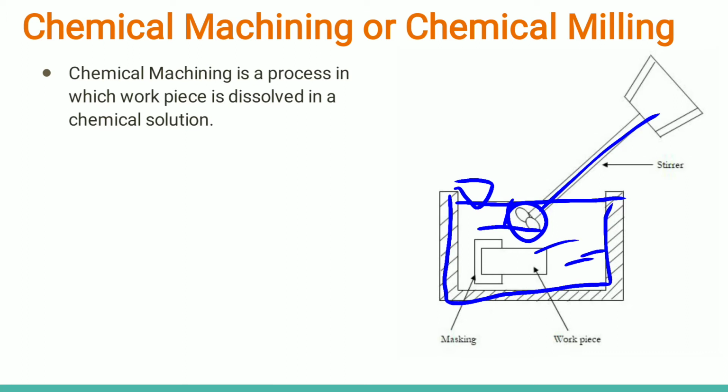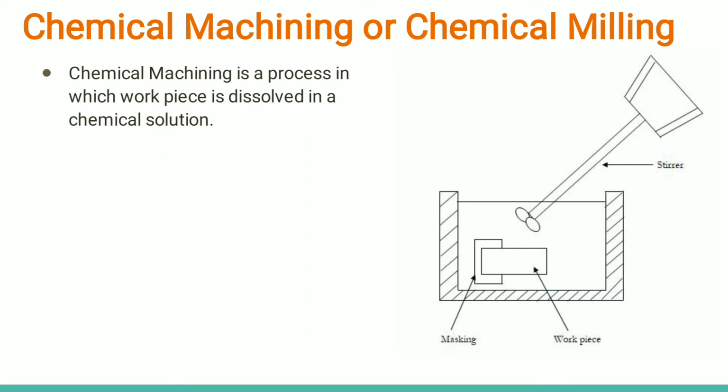When we are using this stirrer and fan, the stirrer is continuously rotating, so the fluid, whatever chemical solution is inside this container, will not be stationary. Apart from it, one more thing that we are using is a heating element over here.